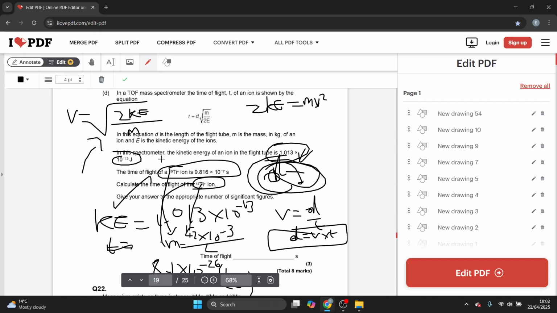Wait, what? I've got the velocity, and velocity is distance over time, so distance is velocity times time.